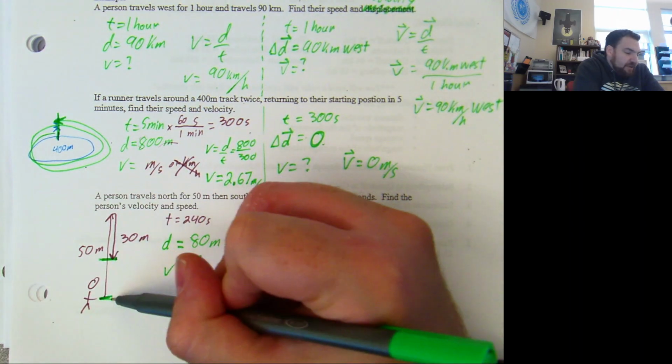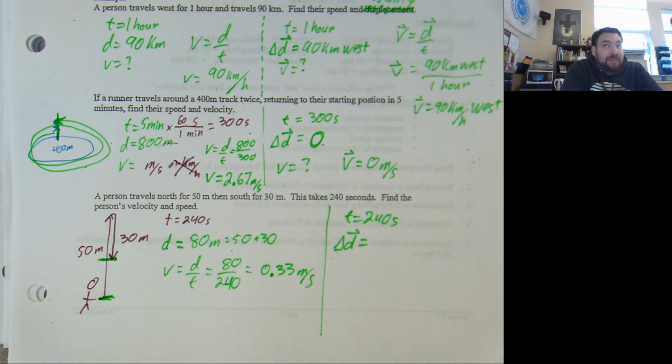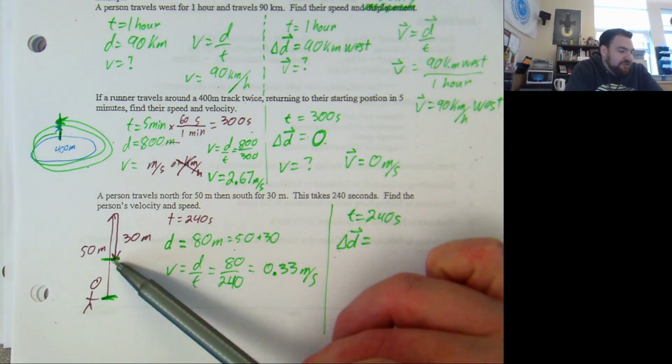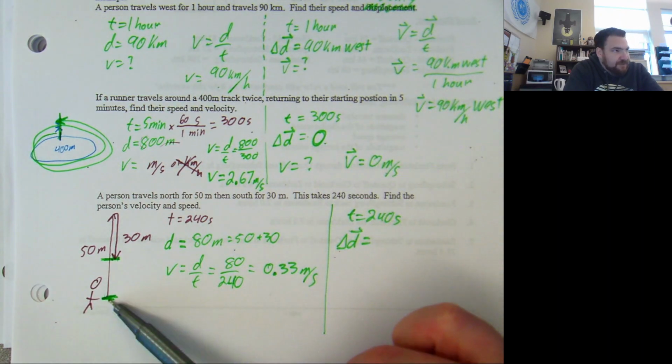Displacement does not care what the path looked like. All it cares about is it opens its eyes, you're right there, it closes its eyes, you yell done, it opens its eyes again, and now you are somewhere at the end. So this is the path traveled, but what is the displacement of our person? 20 meters.